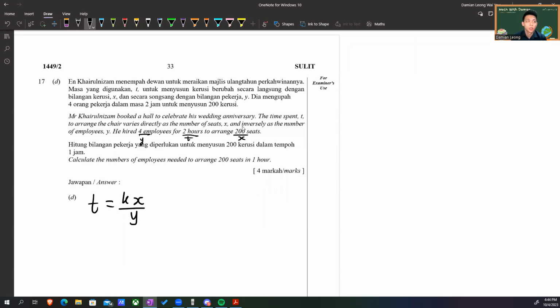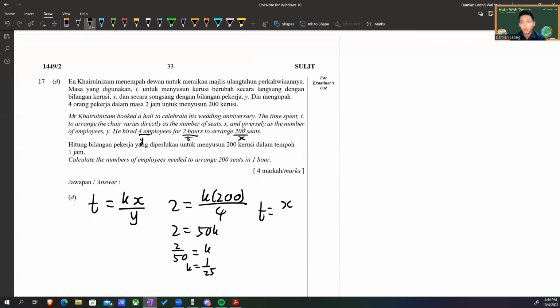So let's find the K. Sub in the values. 2 equals K times 200 over 4. 200 divide 4 is 50, 50K. Bring over the 50, divide 50, K is 1 over 25. T is X over 25Y.